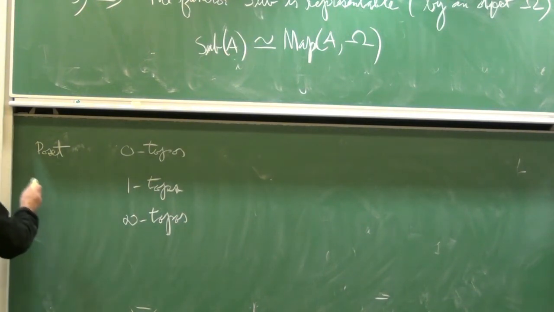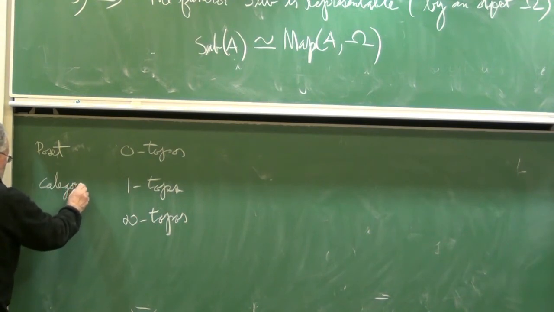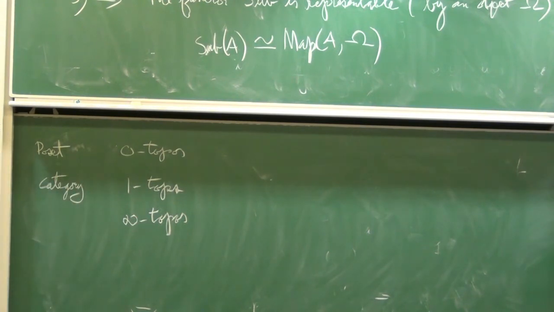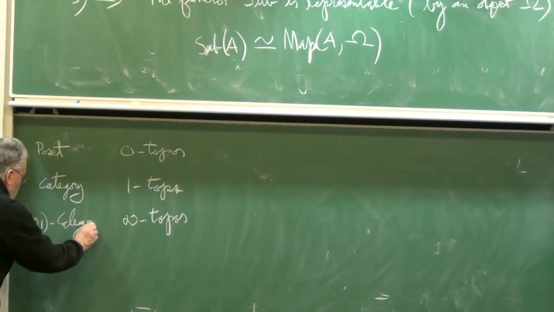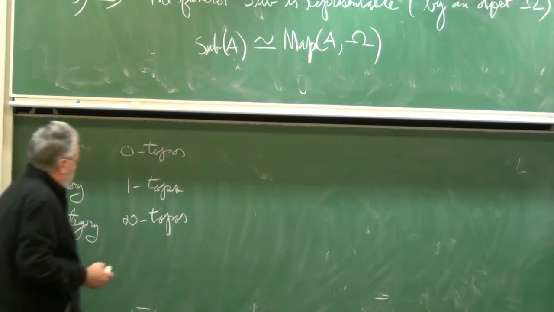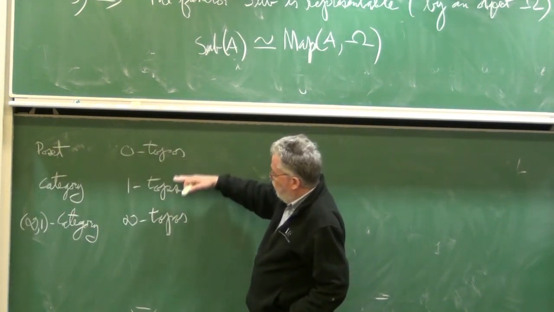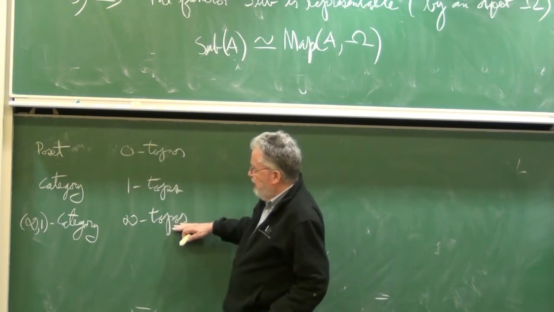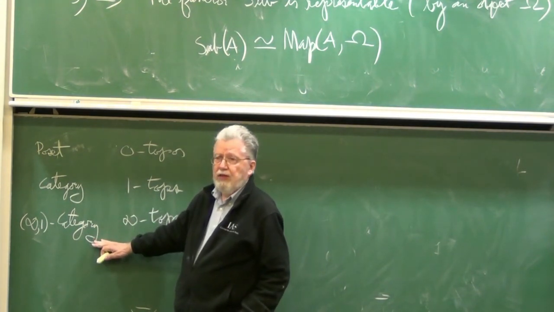The underlying structure of a 1-topos is a category, and the underlying structure of an infinity topos is what we have been calling an infinity one category. And so the passage from 1-topos to infinity topos essentially consists in replacing category theory by the theory of infinity one categories.